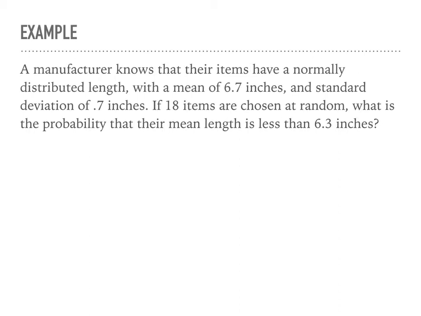So, we're thinking about the mean length of these 18 items. Well, the mean length is going to be normally distributed with a mean of 6.7 and a standard deviation of 0.7 divided by the square root of 18. And we're specifically looking for the probability that the sample mean is less than 6.3.